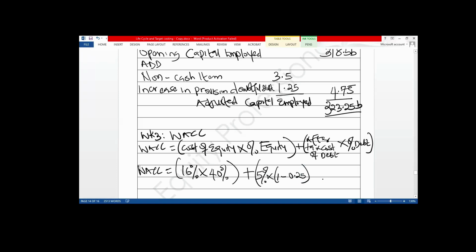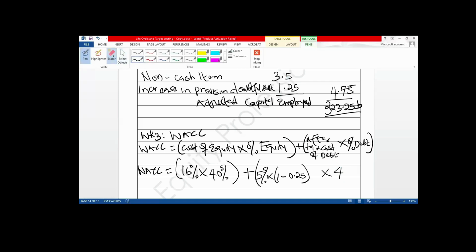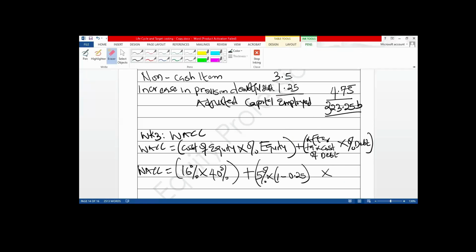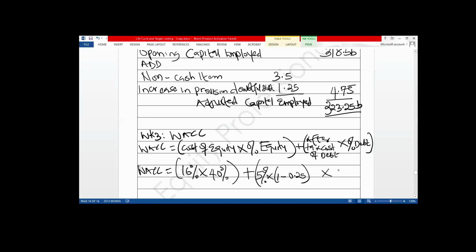Close this bracket. Then everything multiplied by the percentage of debt, 60%.